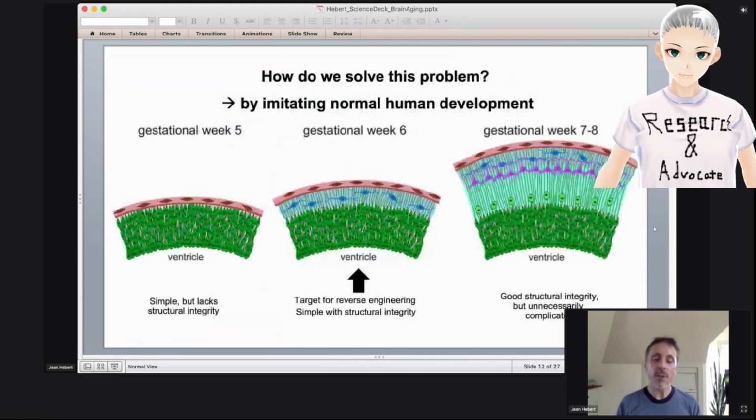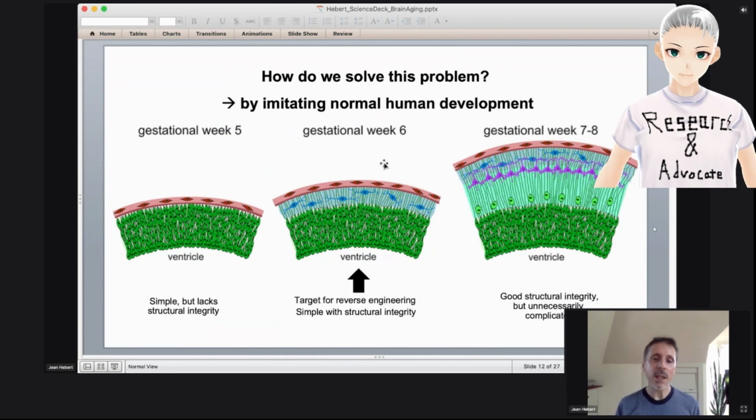So our goal is to address these missing aspects of grafts so far, to make grafts that will develop into a normal structure and will have the full complement of cells. And to do that, we don't want to reinvent the wheel.